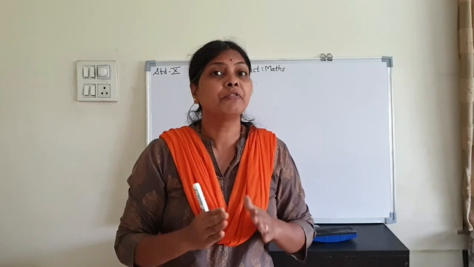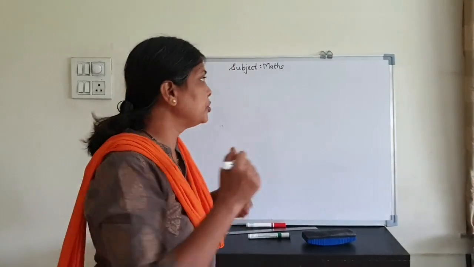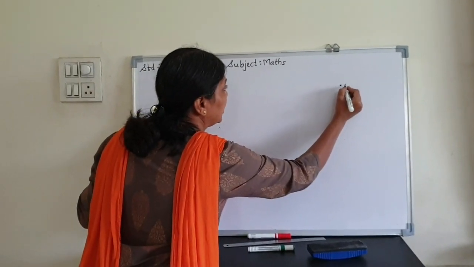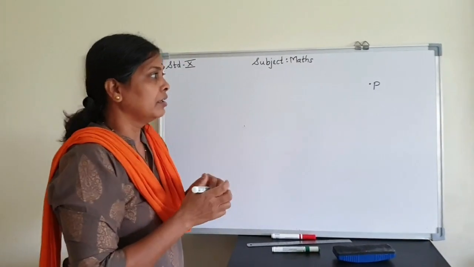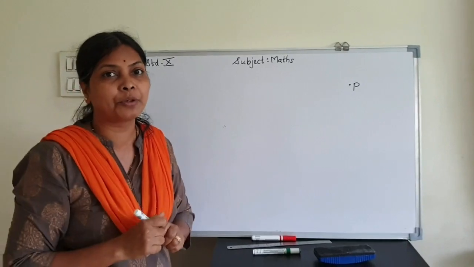So what we are going to learn in this topic is the position of, say, point P, and from here you have guessed what lesson we are going to start today.